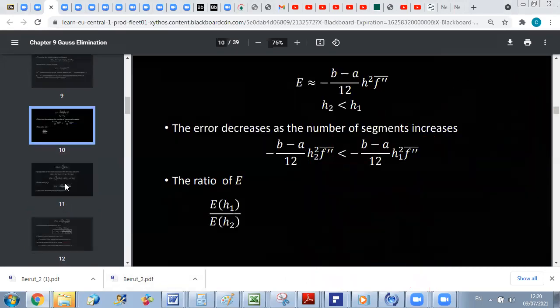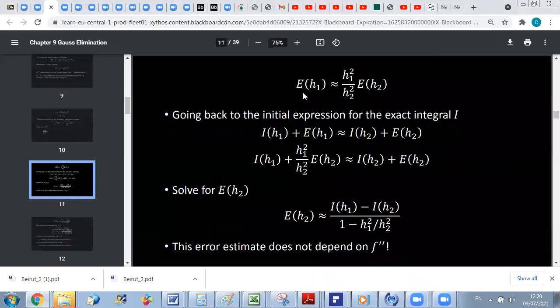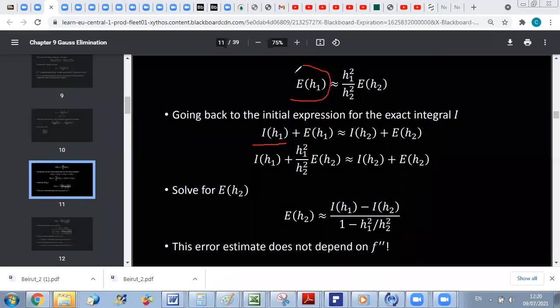And this is very interesting, because if I replace back in my formula here this result, that the error EH1 is approximately H1 squared over H2 squared times error EH2, into my initial formula, which is the integral obtained using H1 plus error when using H1 is equal to the integral when using H2 plus error when using H2. Now I replace this term by its value, and I get a certain estimate of this error.